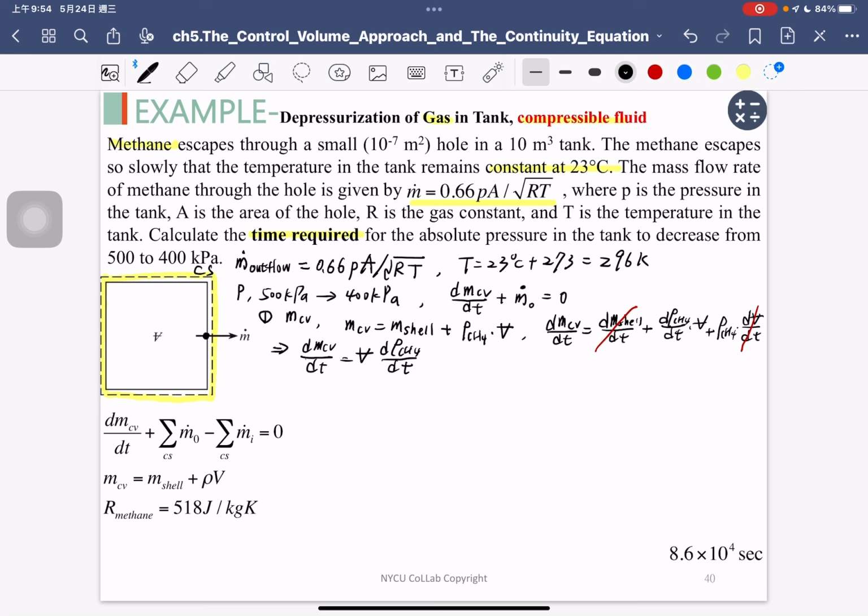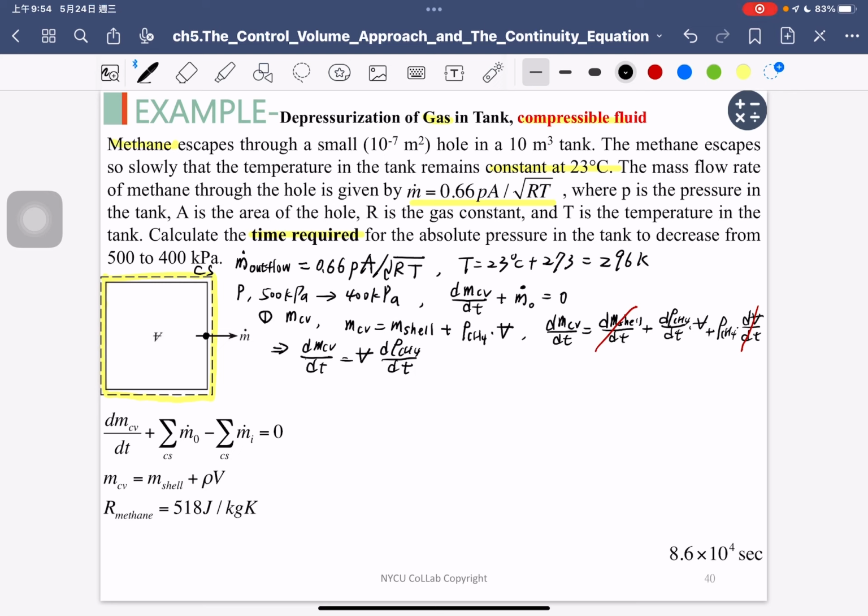Because the pressure inside the tank will change with time. And our target fluid right now is gas. Gas can have a different density under a different pressure condition. If the fluid is water, the density may not change, right?